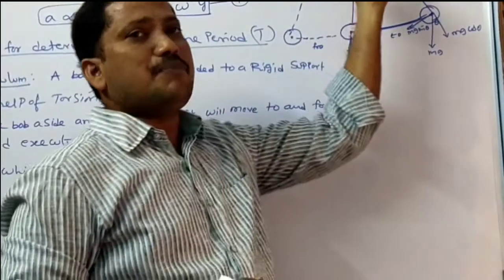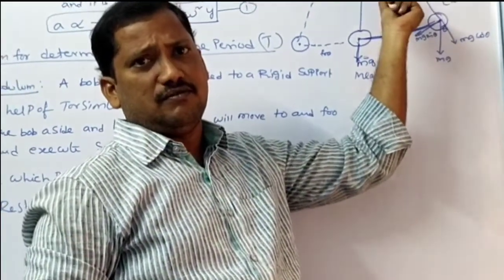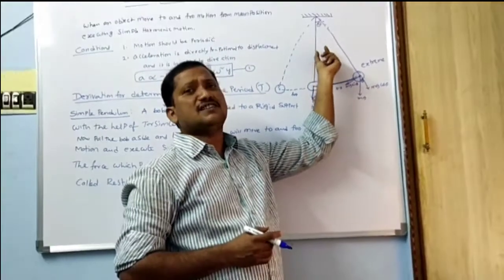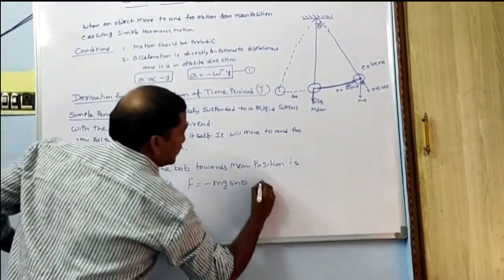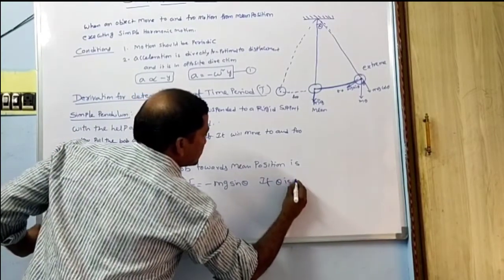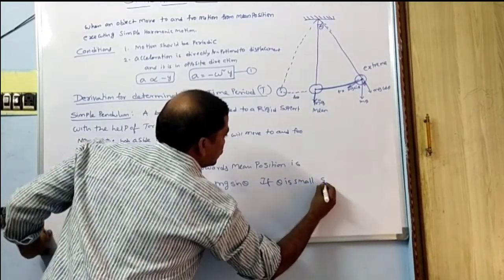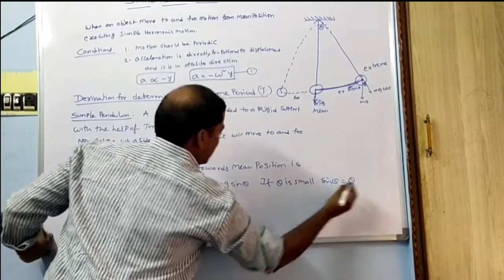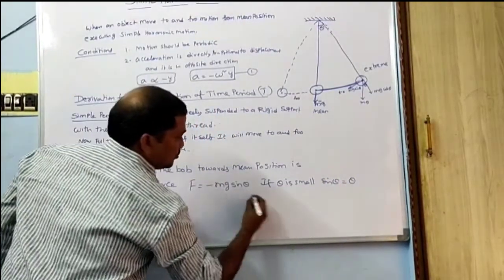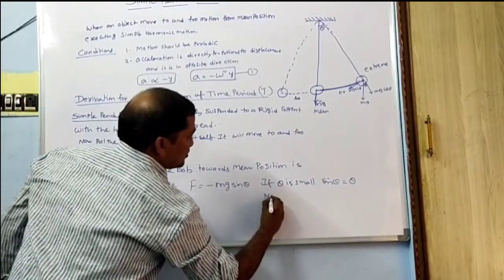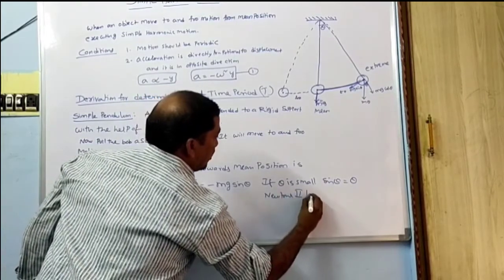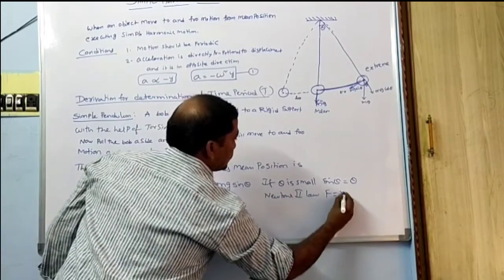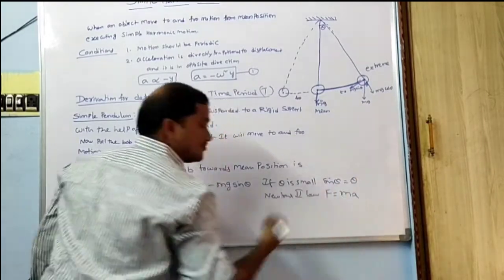Here, this occurs for a very small amplitude. That means if theta is small, you can use sine theta is nothing but theta. And from Newton's second law, we know F is equal to ma.